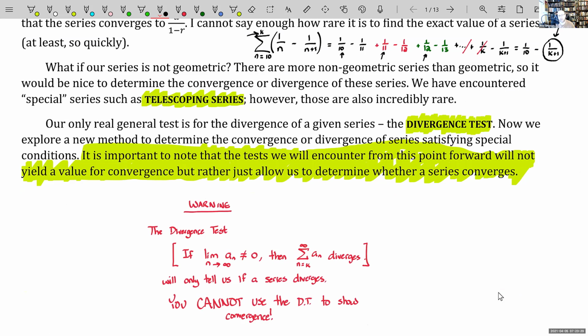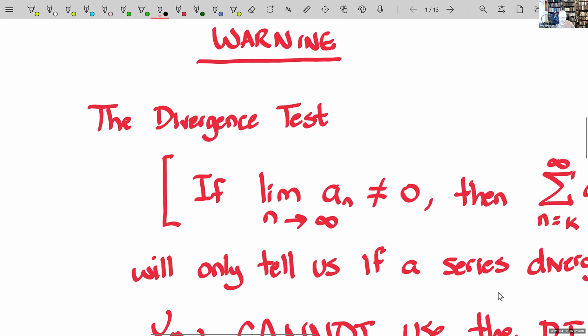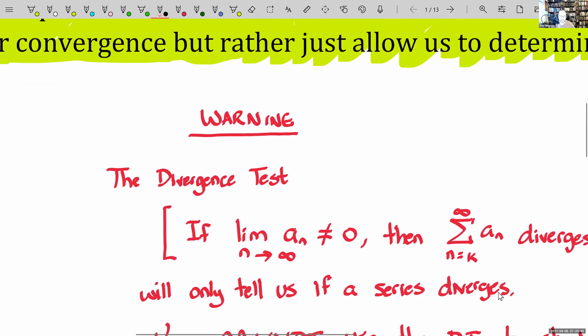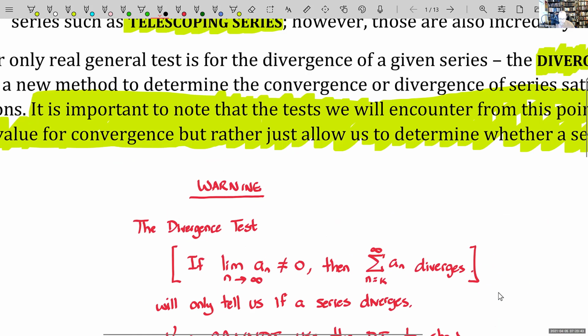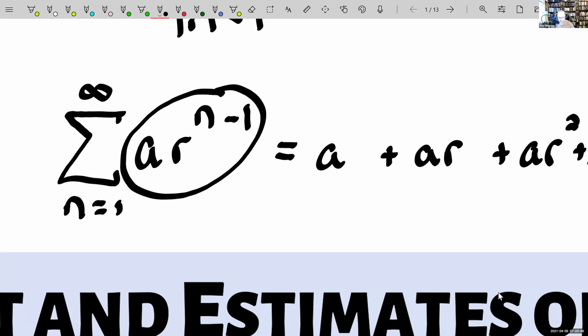So let's go ahead, and I should also mention this. When we dealt with the series in section 11.2, we were introduced to the divergence test, which tells us that if the sequence that the series is based upon, the sequence terms, tends to something non-zero as n goes to infinity, then we can immediately say that the series, if you keep adding those terms forever and ever, will diverge.